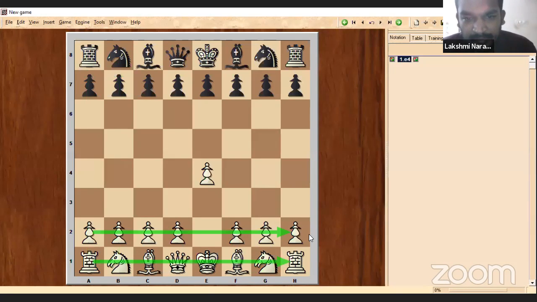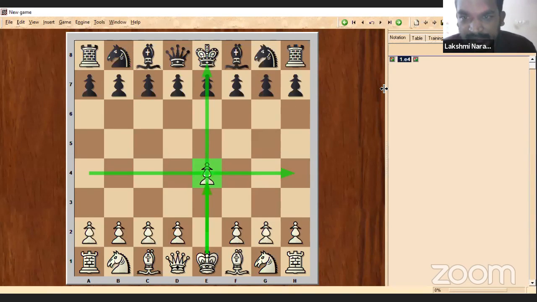So when we make a move, how the move can be recorded is, we should first mention the name of the file. Okay, so we moved the pawn here. The name of the file is E file, and the name of the rank is 4th rank. So the name of this move is E4.